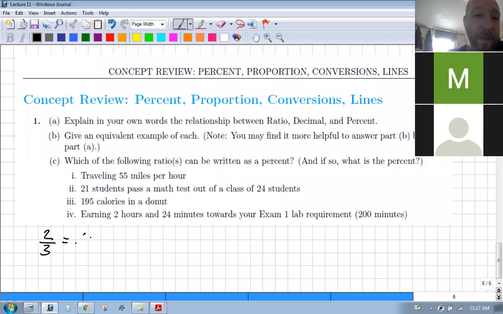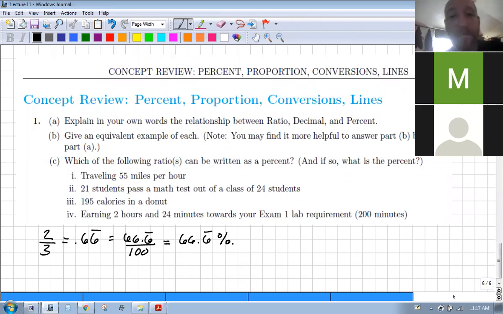As a decimal, it's 0.66, all right, with the line over it, 0.666666. As a percent, this is 66.6 over 100. So this is 66.6%. All right, so there's the ratio, there's the decimal, and there's the percentage.